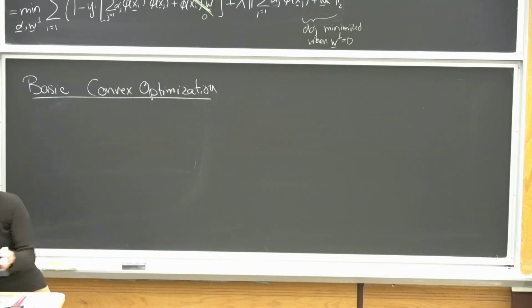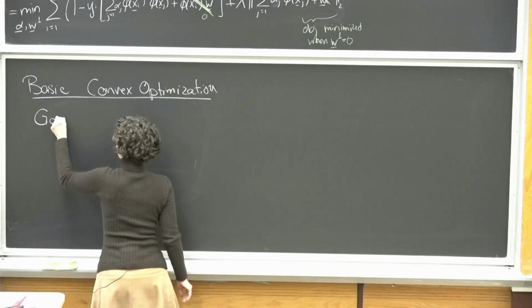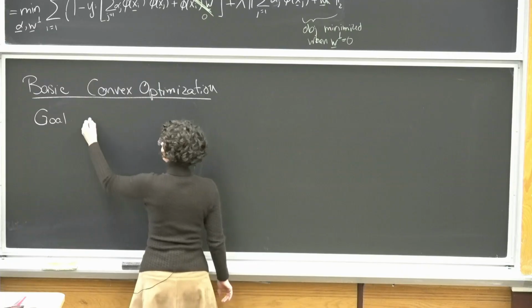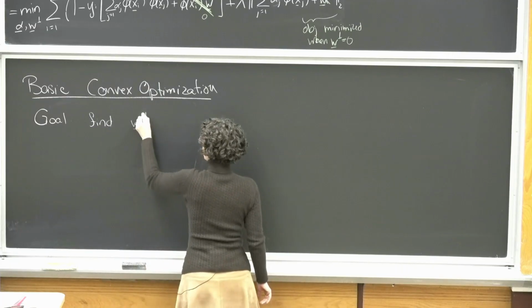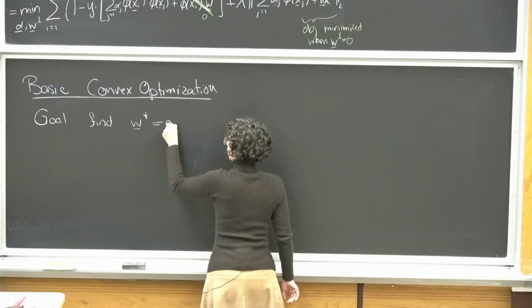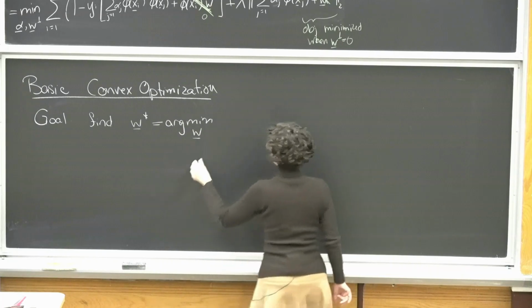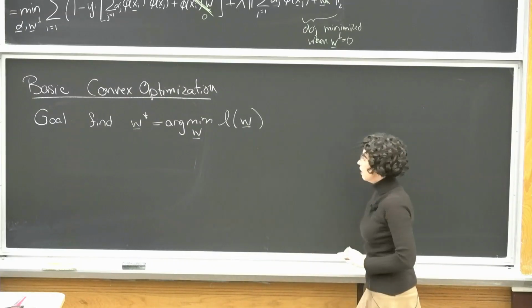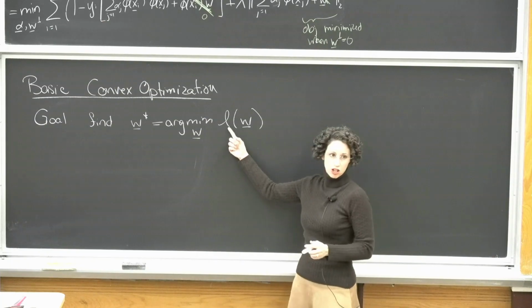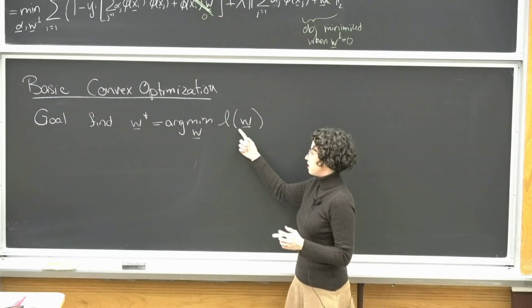So in particular, what we're interested in is the following. Our goal with optimization in general is to find some point W, and I'm just going to call it W star, that is the argument that minimizes over all W some loss function L of W. And so this could be hinge loss plus squared norm regularizer, like with an SVM.